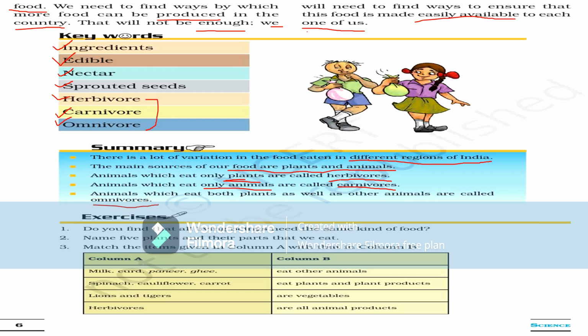I hope you understand these three groups and the previous part: how ingredients are made, where the ingredients come from, how plants, fruits and animals help us, and how we have to make food available and store it. Hope you all understand this part.